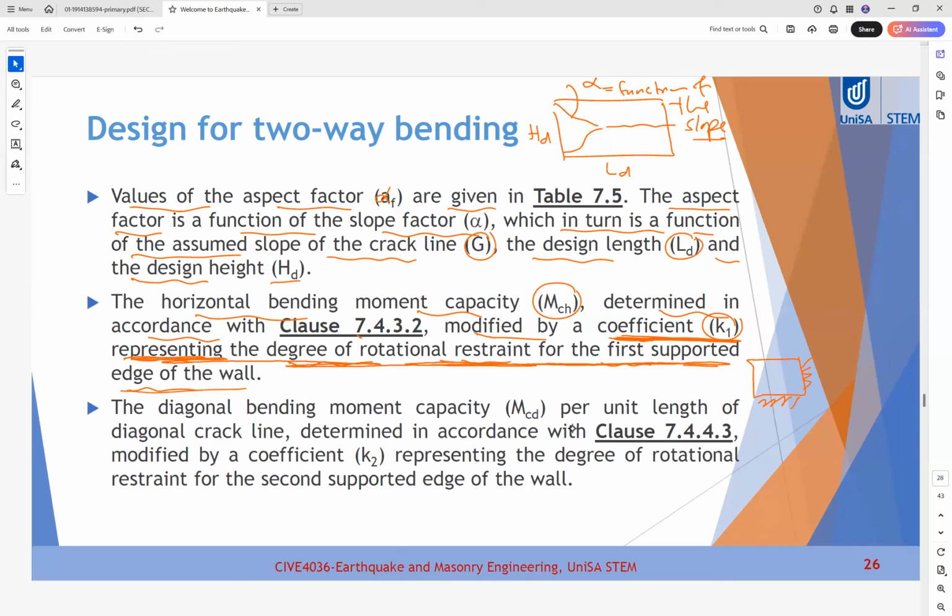The diagonal bending moment capacity, MCD, per unit length of the diagonal crack line, is determined in accordance with 7.4.4.3, modified also by a coefficient K2 representing the degree of rotational restraint for the second supported edge of the wall.